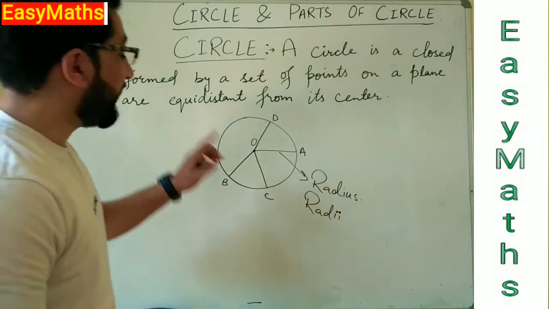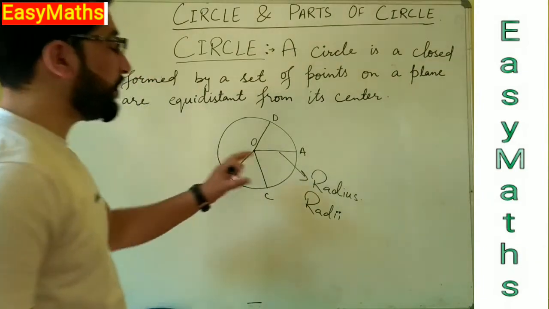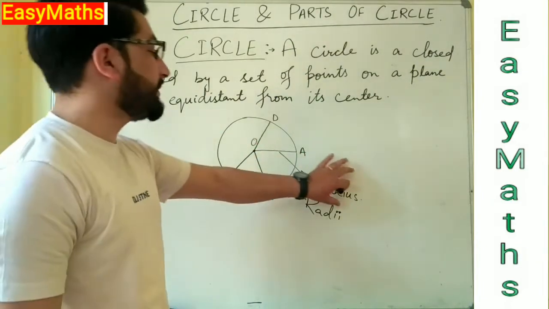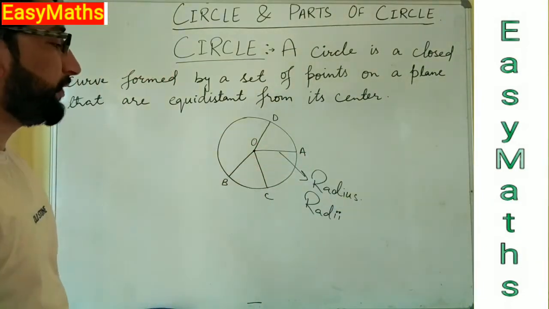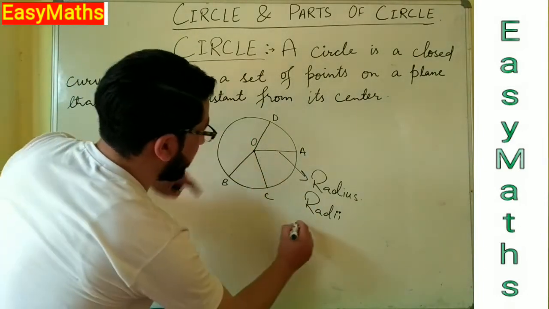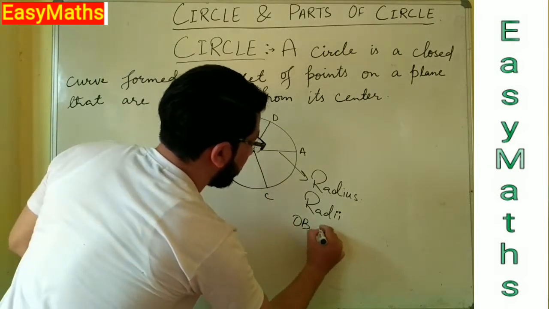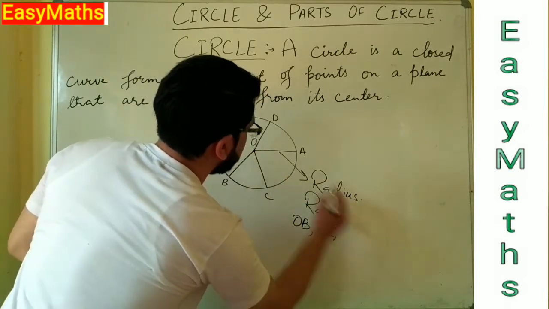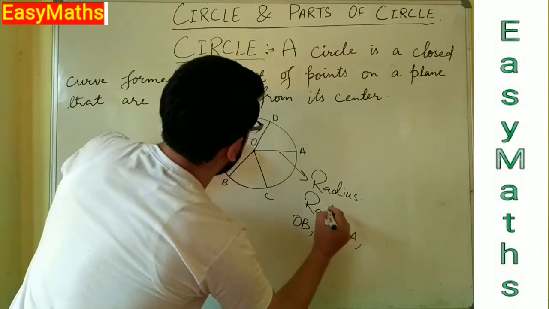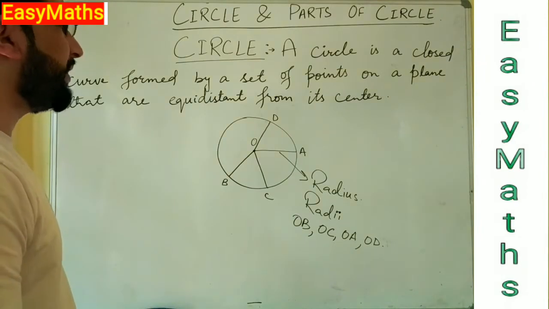So students, the line drawn from the center of the circle to the boundary of the circle is called a radius, and the plural of them is radii. We can name them, suppose we take this radius, OB. Another radius OC, then OA, then OD. So students, this is about radius.